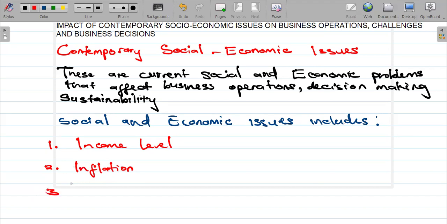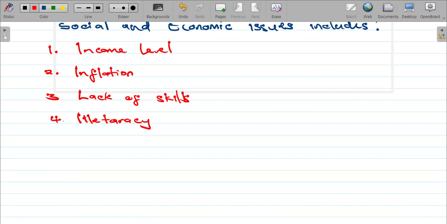it also includes lack of skills, illiteracy, demographic issues, and inefficiency.